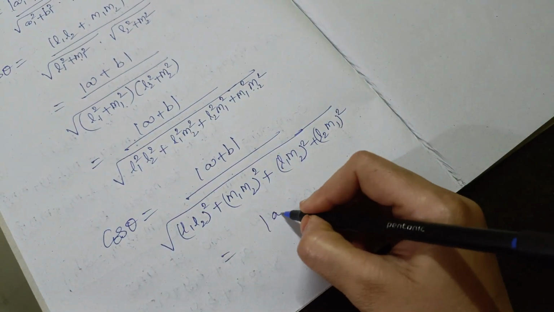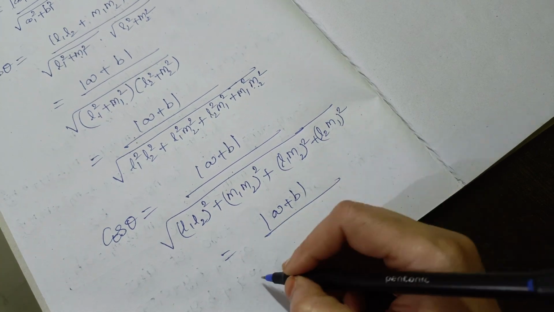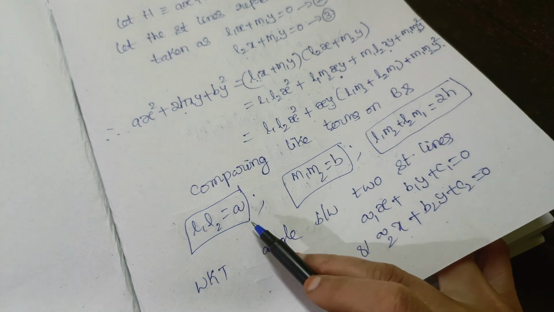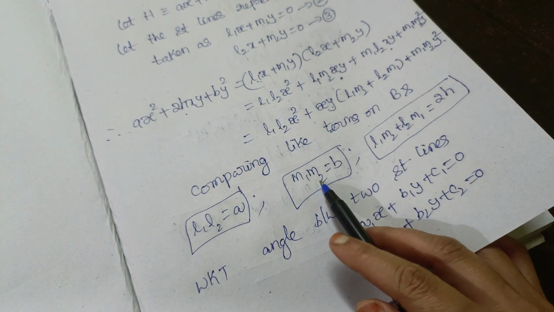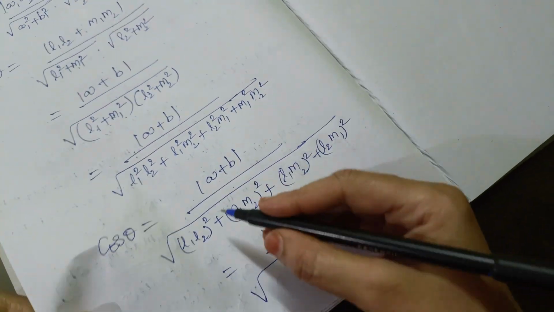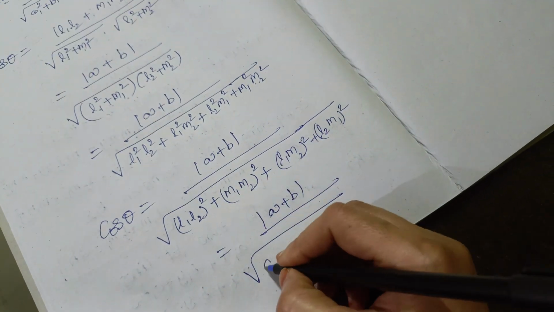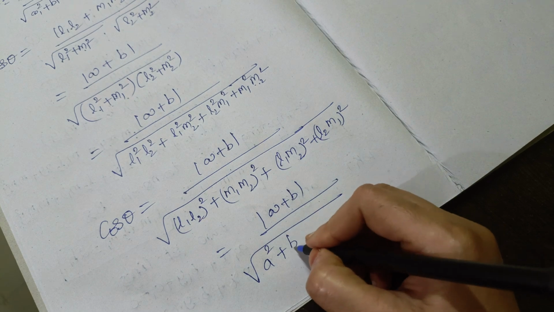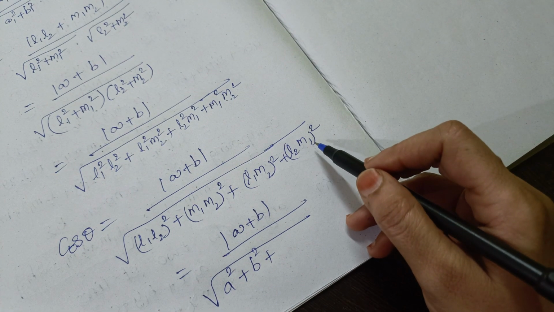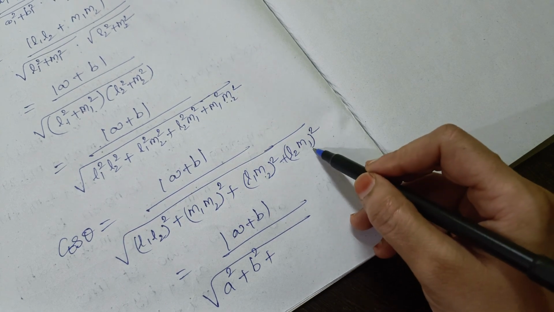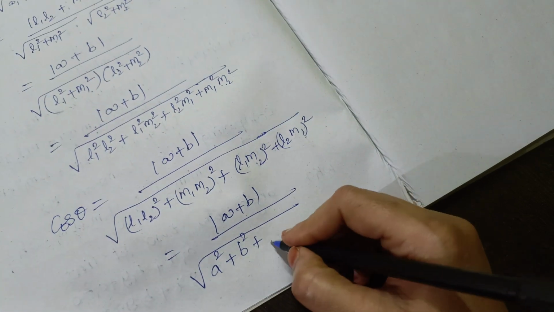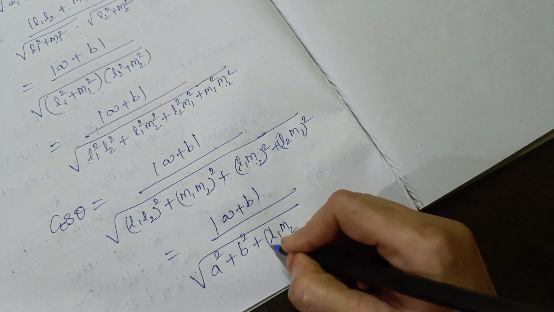We know that L1 L2 is a, M1 M2 is b, and L1 M2 plus L2 M1 is 2h. So you can write these as a square and b square. But you can't write (2h) whole square, because it is not in the form of (L1 M2 plus L2 M1) whole square. It is in the form of (L1 M2) whole square plus (L2 M1) whole square. So keep it like that for the present.